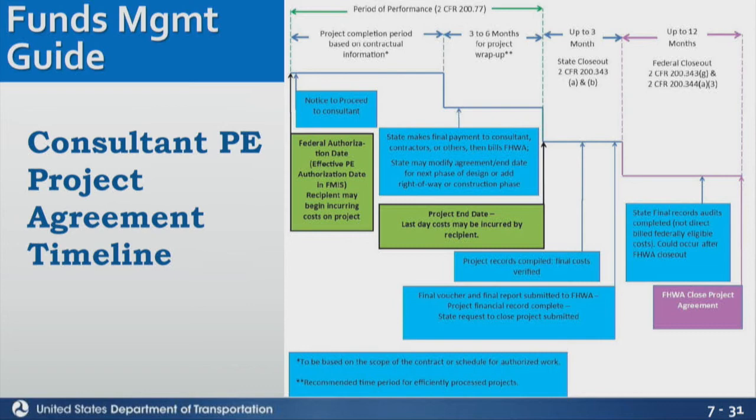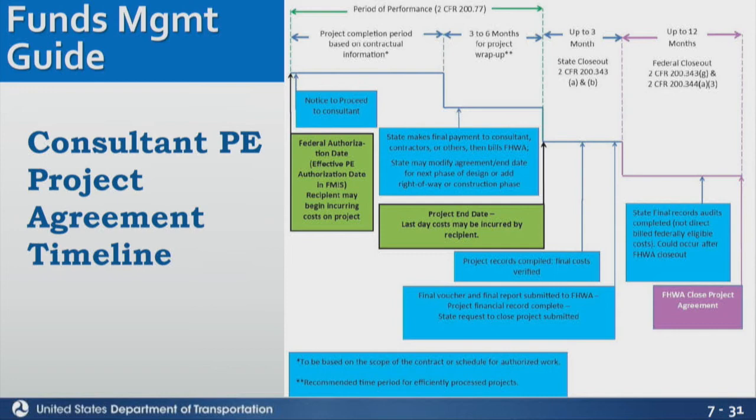If you're hiring a consultant to do design, they're going to be able to tell you about how long they think they're going to get it done in. Or you may have an expectation, we want this to be done in this amount of time. So you're going to figure in that time period, and that's going to be from our authorization date until when we think that consultant's going to be done.